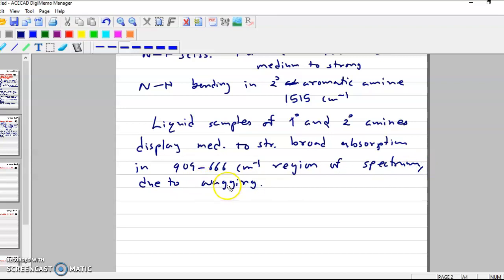Okay, so this way you will see the bands of NH bending as well as NH stretching in amines.